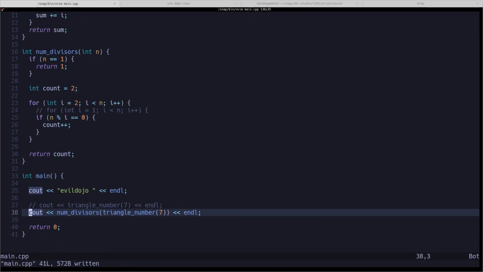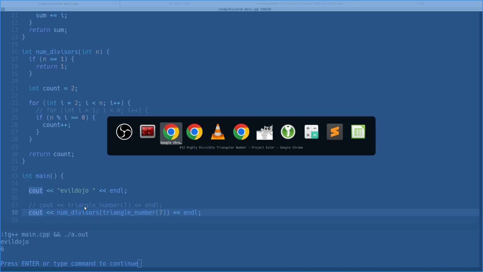So the number of divisors for the triangle number of 7 would be 6.